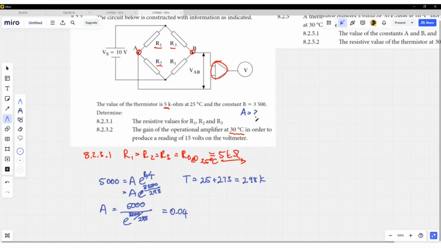And then the next step would be to calculate what RT is at 30 degrees C. And that's then going to be 0.04.